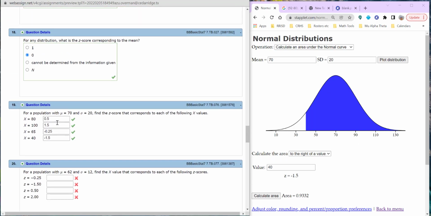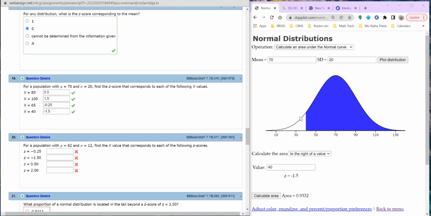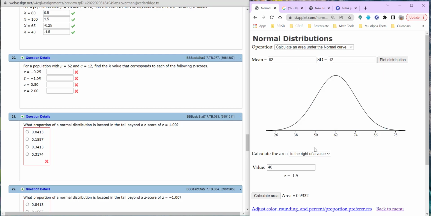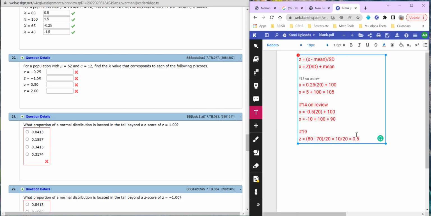As long as you understand what x's and z-scores are, I'm fine with you letting the tool do it. This is just algebra right here. Okay. So for a population with a mean of 62 and a standard deviation of 12, this is what it looks like. So a z-score of negative 0.25 is going to be somewhere in here. Sadly, this is where I need to do the formulas. So let's jump down to number 20.